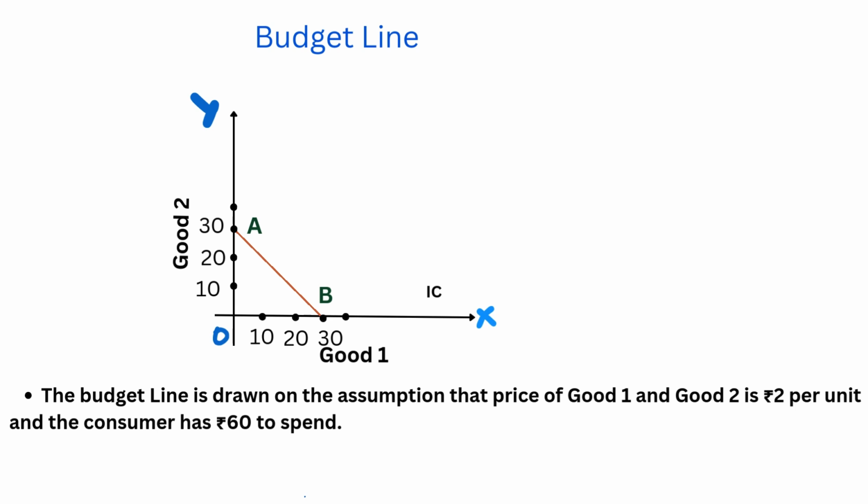And we will draw the line according to the budget set. Again, we will explain it by writing that this budget line is drawn on the assumption that the price of good 1 and good 2 is rupees 2 per unit, and the consumer has rupees 60 to spend, or the consumer income is rupees 60.